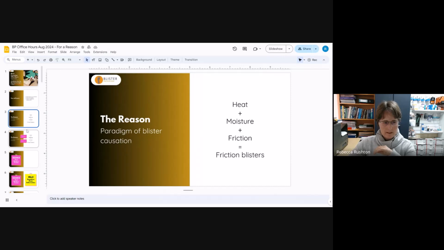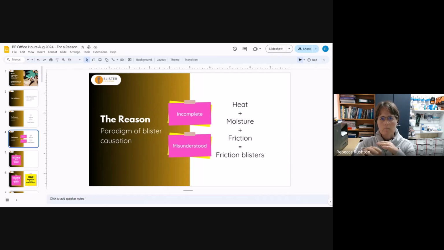But we're going to see that this paradigm is not only incomplete in that it misses the fundamental aspects of blister formation, but it's also quite misunderstood, mainly because of that term friction. We'll look at that in depth.